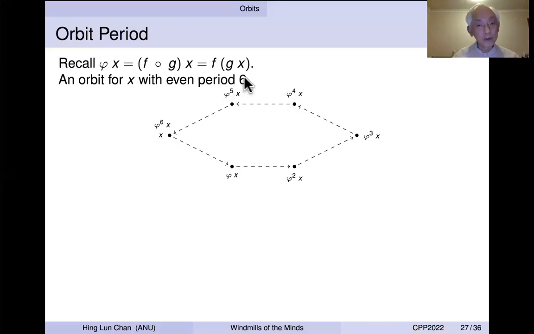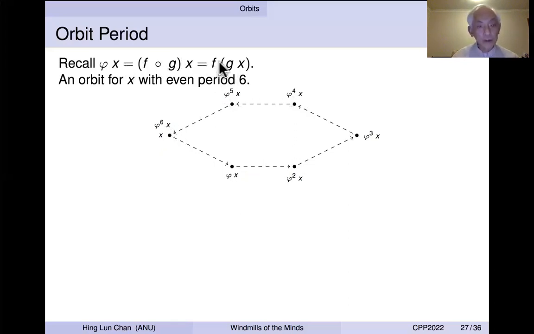If the period is 6, let us see the picture. We start with a point x here, and doing it once we have phi x. Doing it twice we have phi squared x, and come to here. This is the 4th time, 5th time, and the 6th time. And because it's a period, you come back to the starting point. I use black dots for the actual destination for phi.